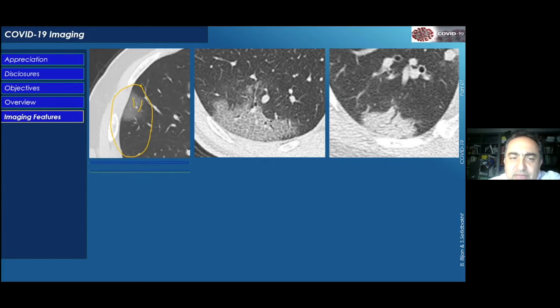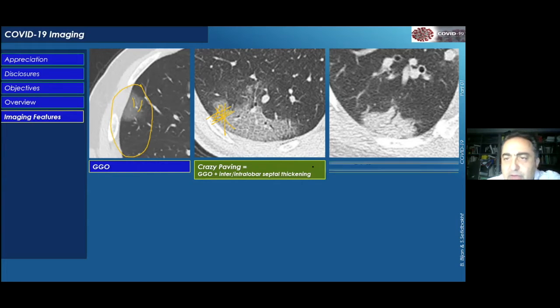The second finding was crazy paving, which is ground glass opacity with interlobular and intralobular septal thickening, giving this appearance of paving, like the paving of the floor of old streets. The third finding was consolidation, where you cannot see the structures of the lung anymore. It's completely whited out.